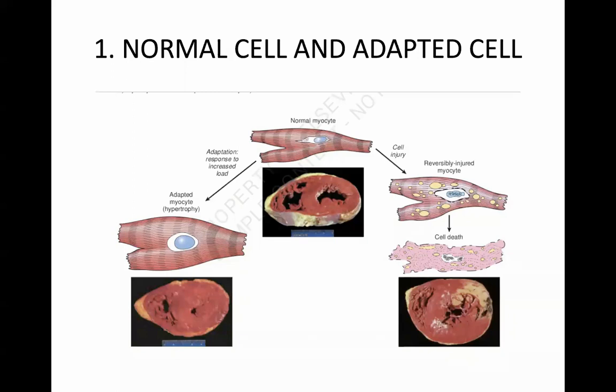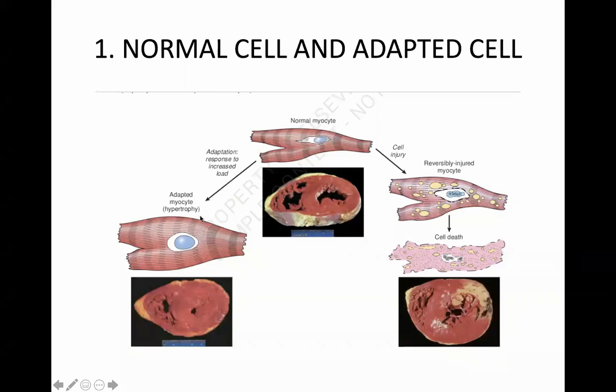It increases its elastin within the cell wall in order to adapt to the increased force it needs to push blood out. And when it does that, by increasing its intracellular proteins, the cell becomes larger, which you can see from this gross cut on the heart's myocardium.